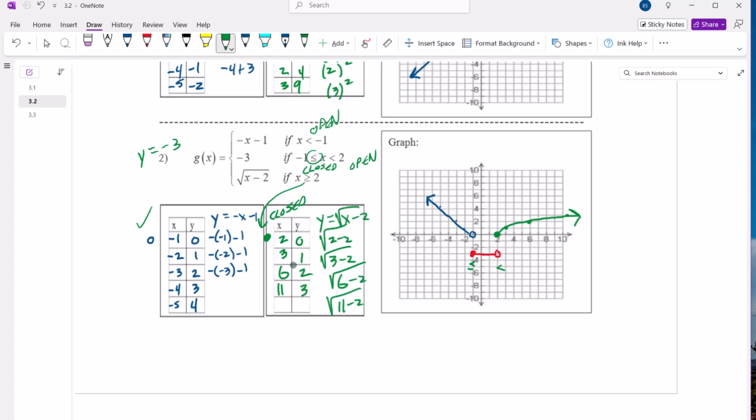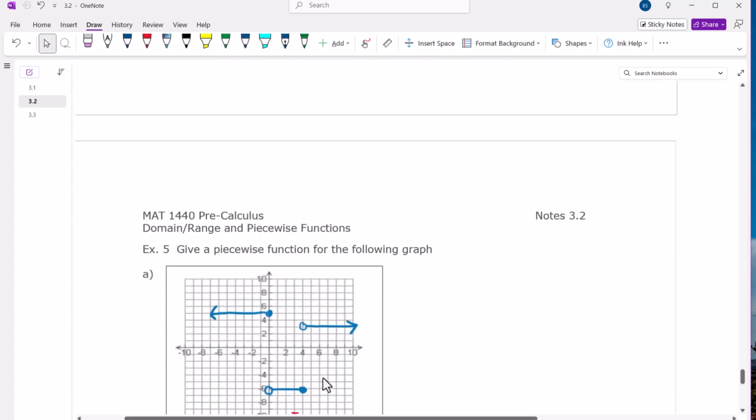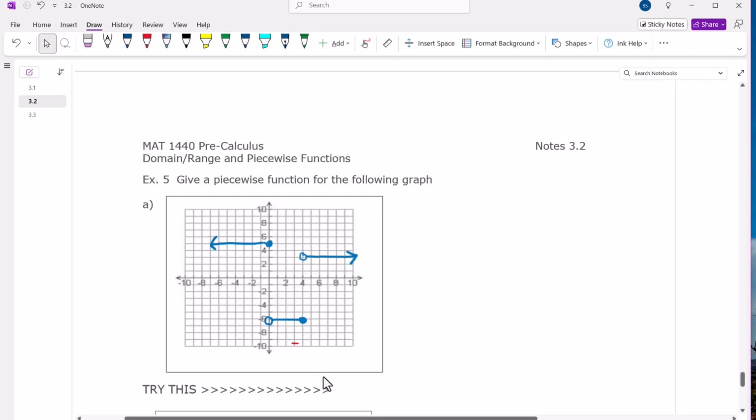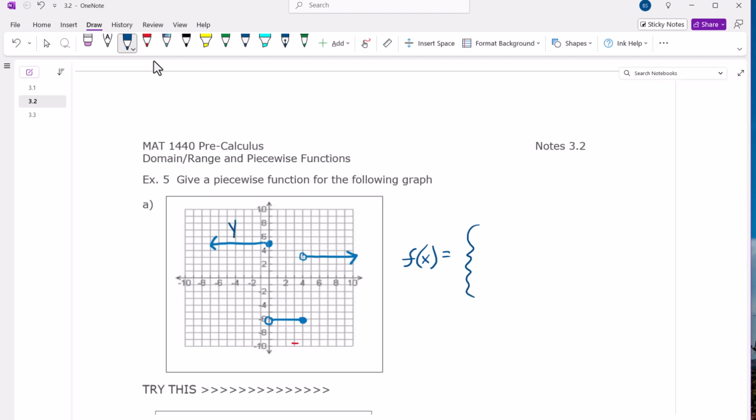Okay, last page on here. This is just kind of doing this backwards. So in math, you want to be able to do things forward and backwards. So there's actually three pieces of this function. And what they are is this graph is y equals 5. This graph is y equals -6.